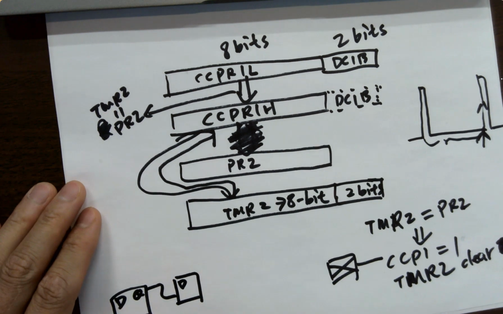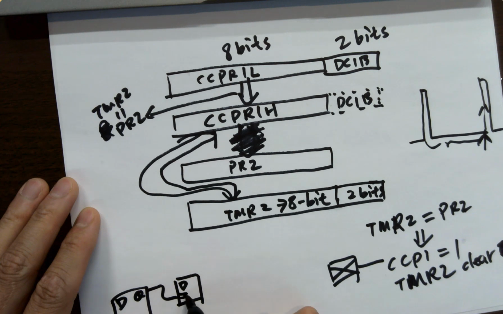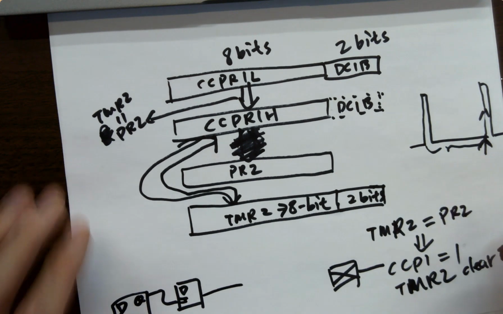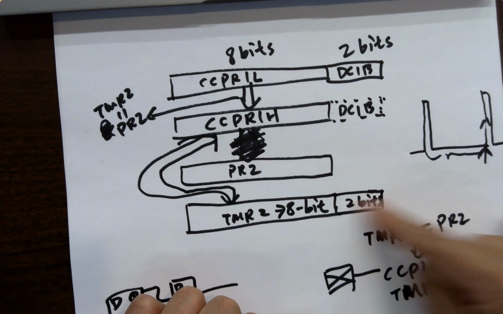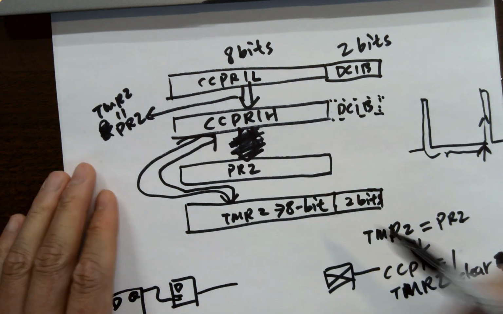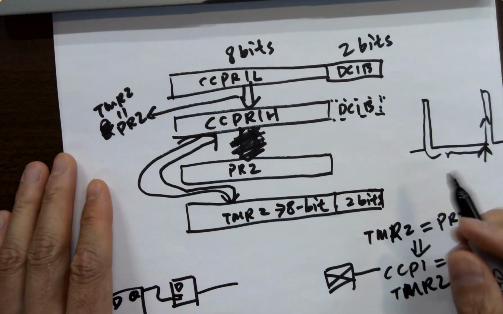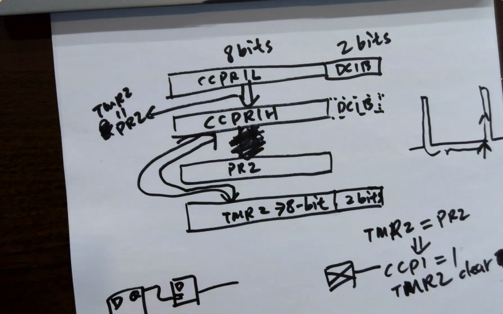Not D. D is not being used, it's a clock. So the Q from the first stage is used as a clock for the second stage. It's a chain. How can you control that? This is clear, this is not. It's all cleared. Yeah. Everything is cleared. Okay? That's why I call it a silly question. It's all cleared. Timer 2, everything, the 10 bits, 0.